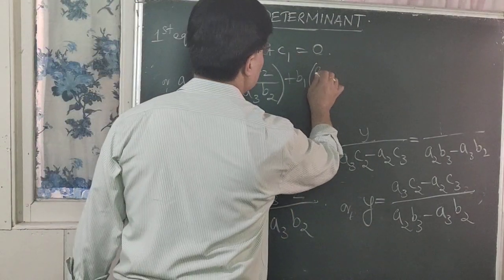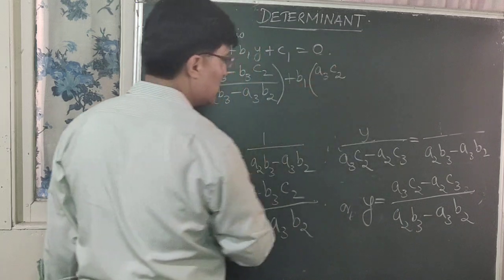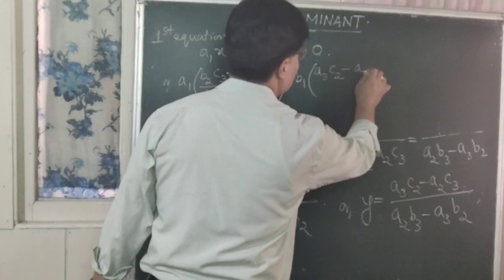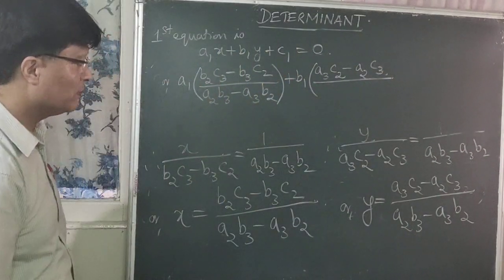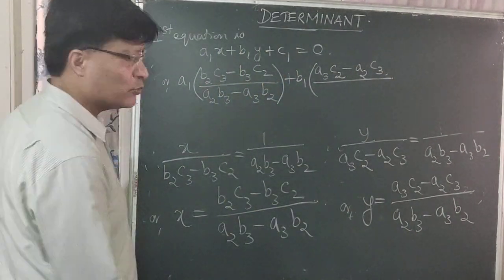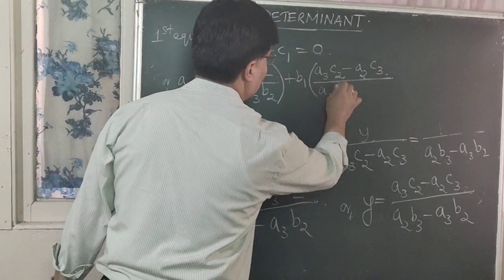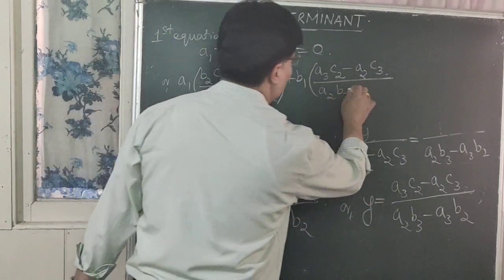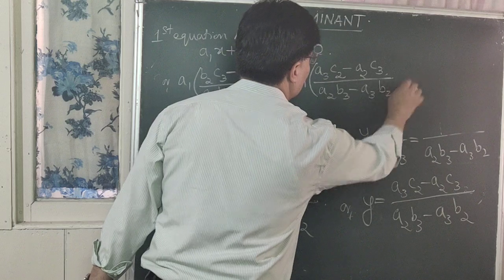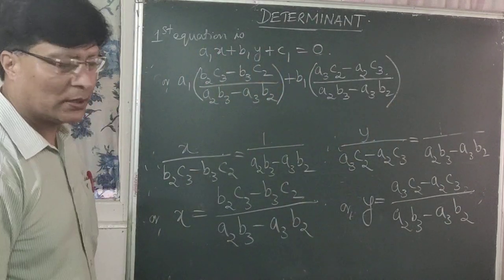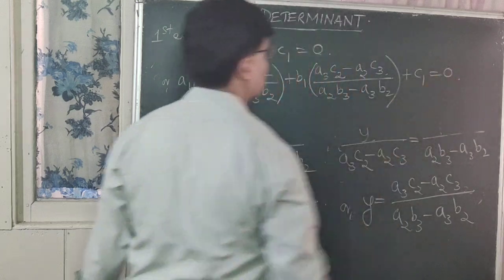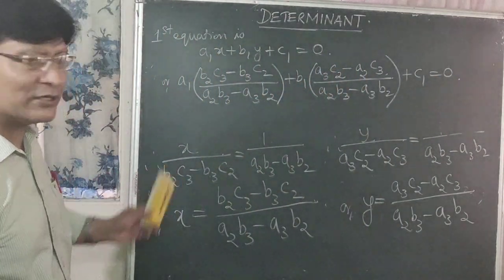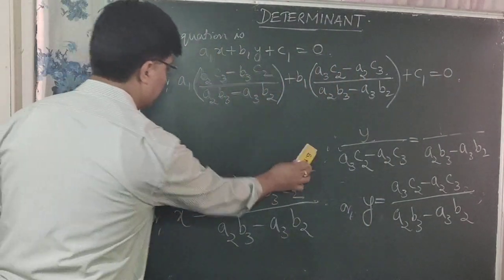That is A3C2 minus A2C3 divided by what? A2B3 minus A3B2, bracket closed. Then the last one is plus C1 is equal to 0. Is it clear to all of you? Okay.